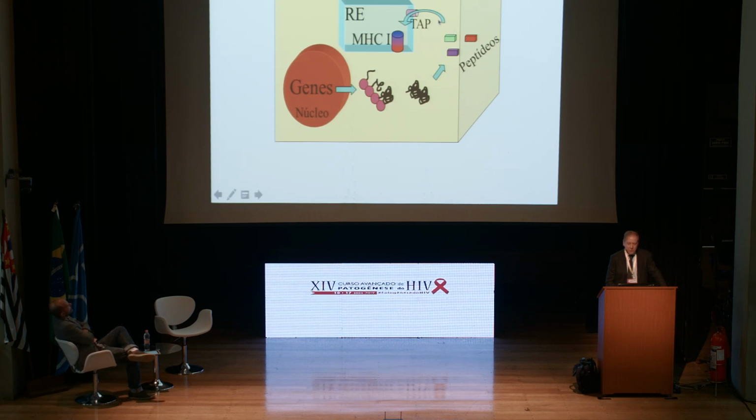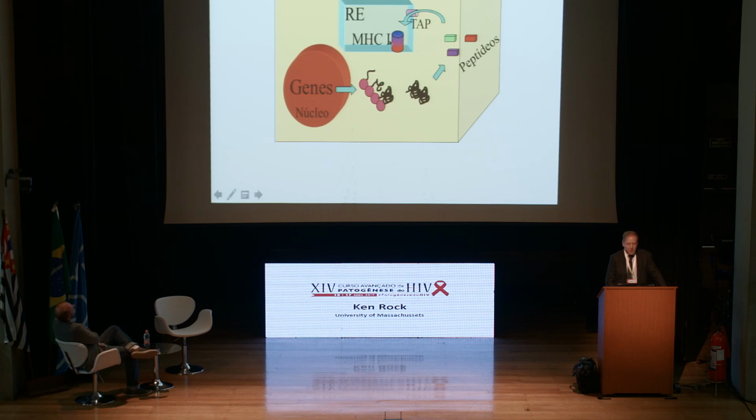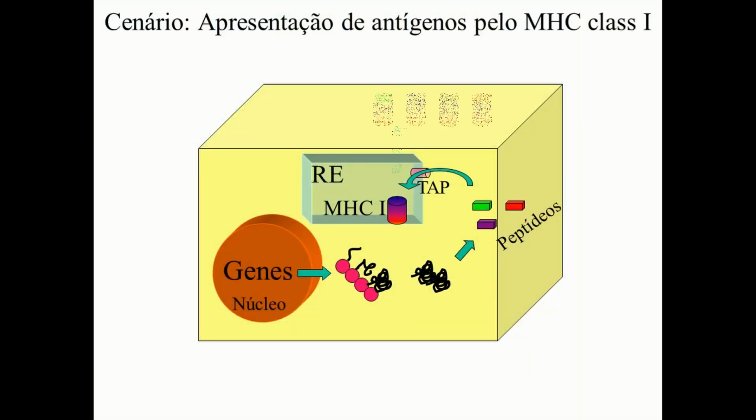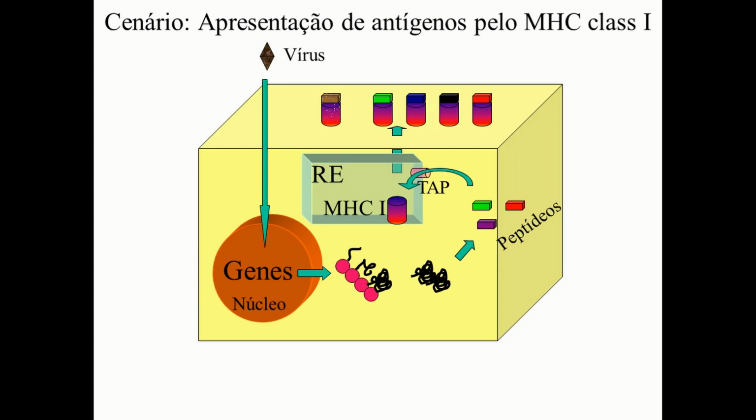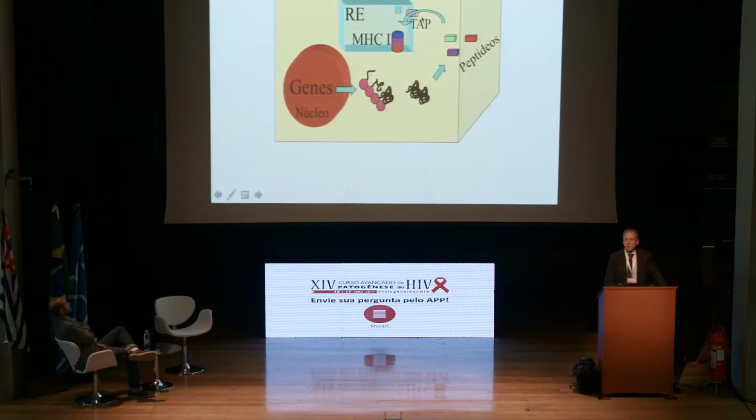A fraction of those get transported into the endoplasmic reticulum where the MHC Class 1 molecules form. So they will bind peptides of the correct length and sequence and take those out to the cell surface for display.